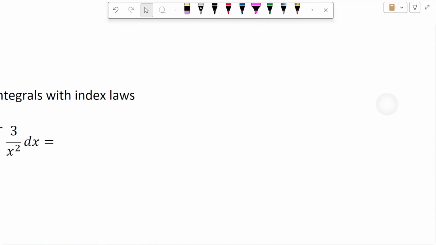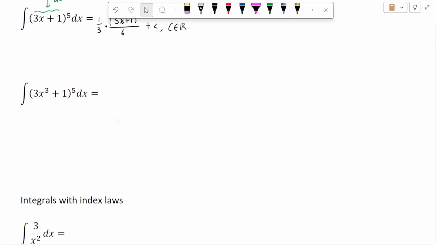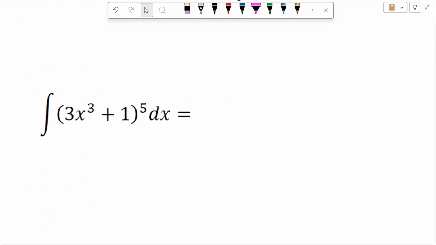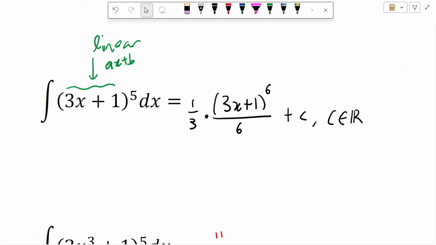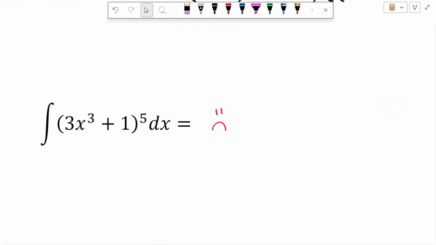Okay. Next one, (3x cubed plus 1) to the power of 5. I'm basically going to say that that's not super realistic to do at the moment. And the reason is linear was good in here. This is a cubic, which makes me very upset.